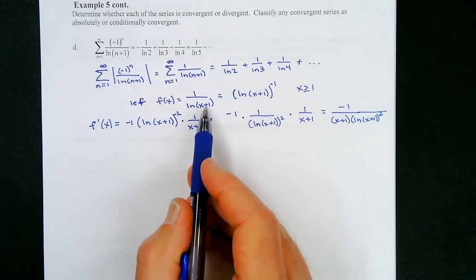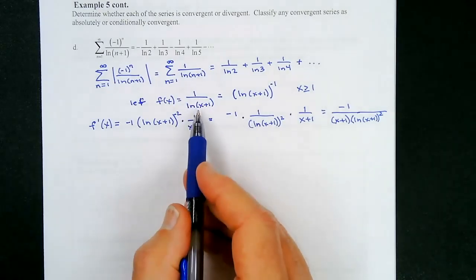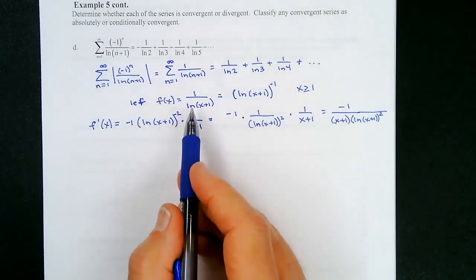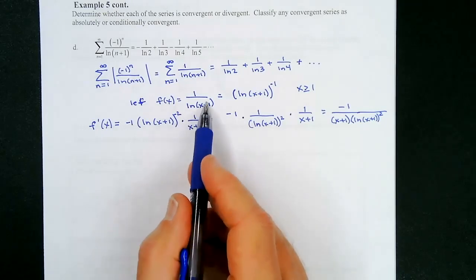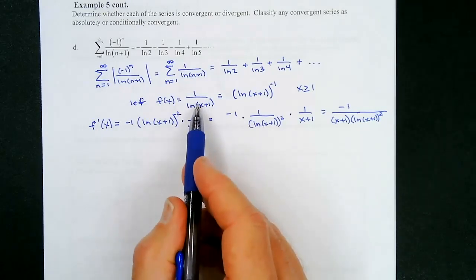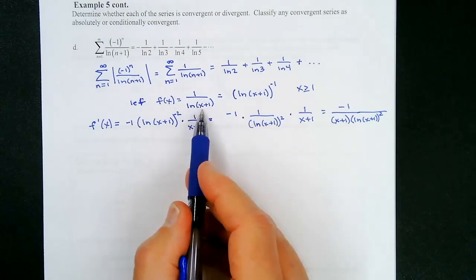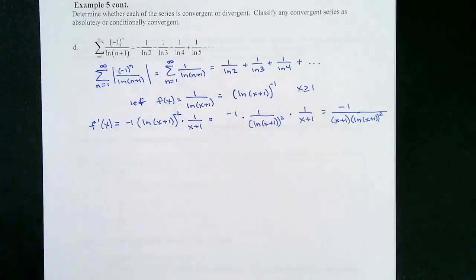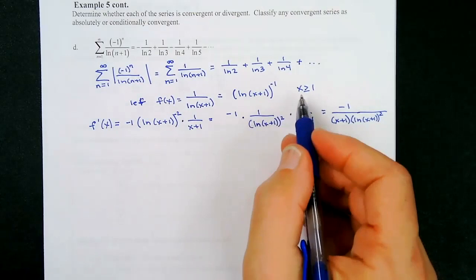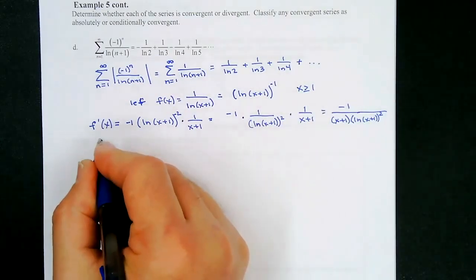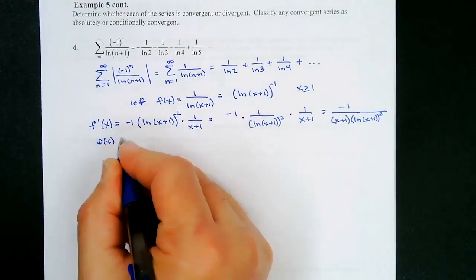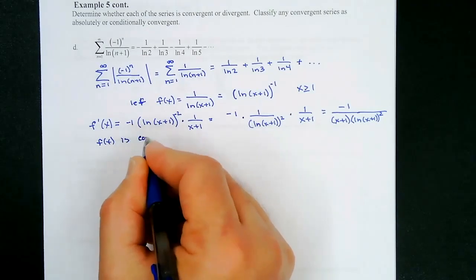So what do we know about this? This is always positive. We know it's going to be continuous because we're putting in 1, 2, 3. The only thing that would cause it to not be continuous is if this was less than 0, or 0, but we're not putting those x values in. So we could say f of x is continuous.